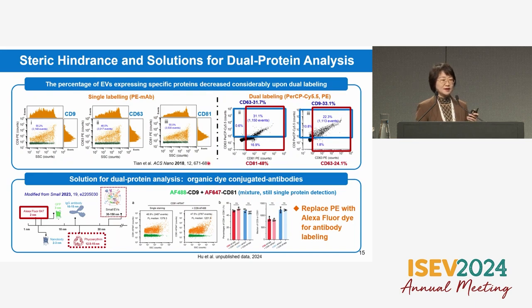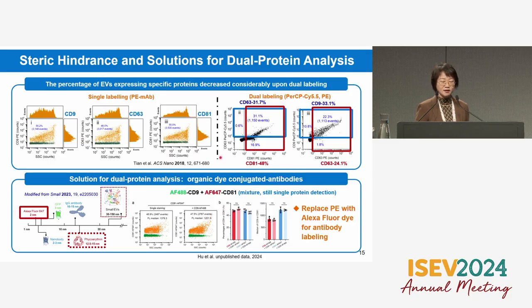But consider the small size of EVs. Mostly the median size is around 70 to 100 nanometers. If you do double protein labeling, the statistical hindrance poses a great challenge.